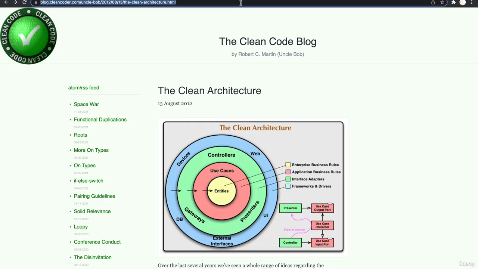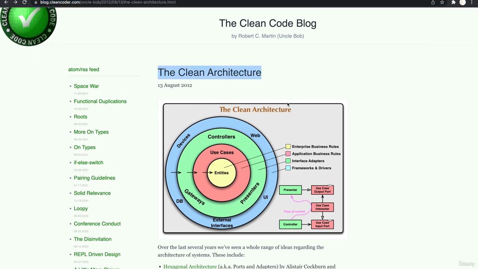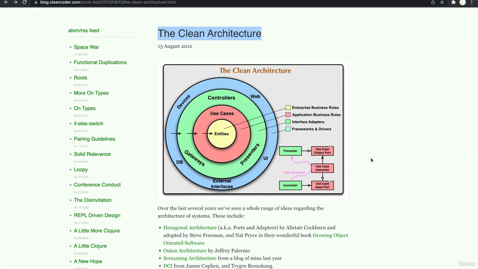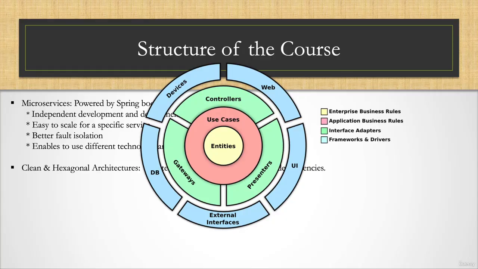The clean architecture proposed by Robert Martin in 2012 covers a clean architecture in detail, including the concepts of hexagonal architecture and onion architecture, but also adding the detailed definition on the implementation of the domain layer.